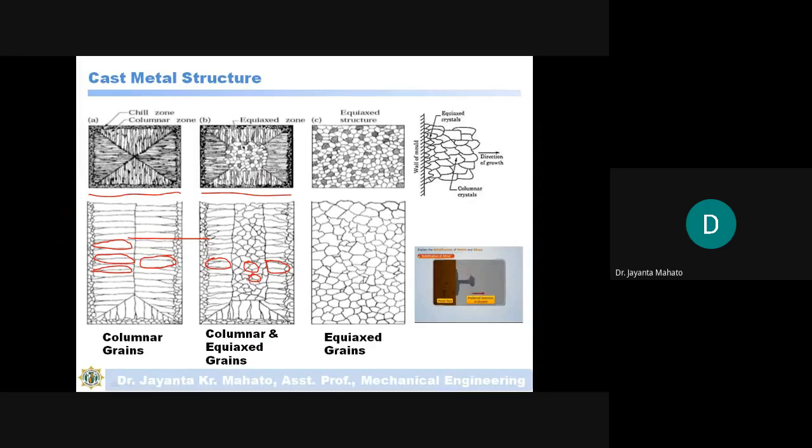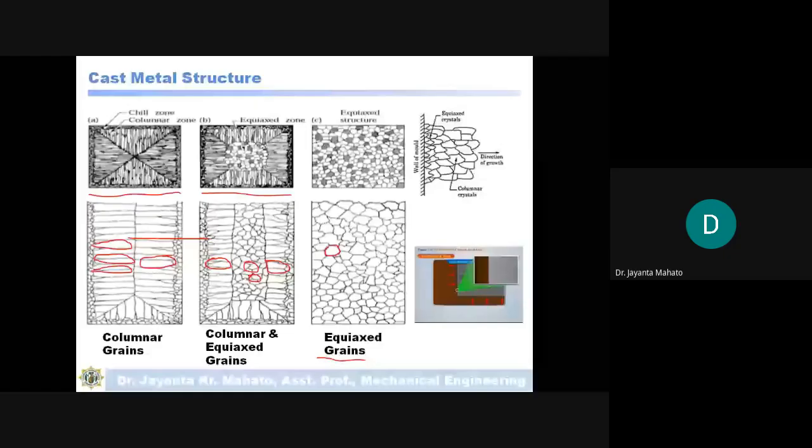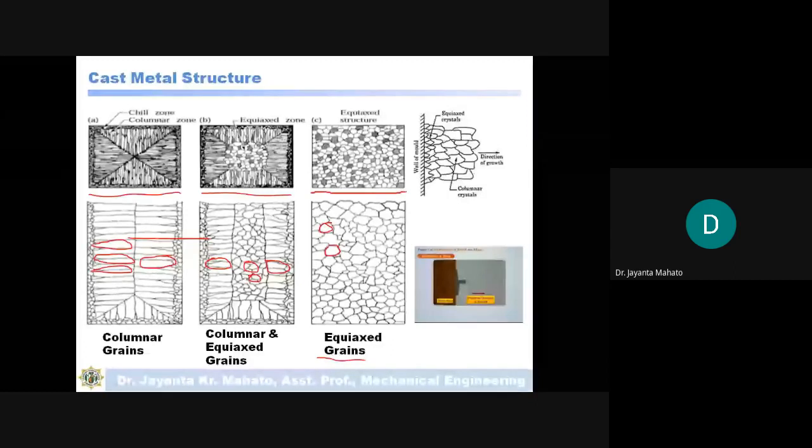And for only equiaxed grain structure, the spherical type grains are formed, and in 2D view of a sphere you will get just a circle, so near about circle is the equiaxed type of grain. So in these cases, if you take the microstructure of the cast product, we get this type of structure.